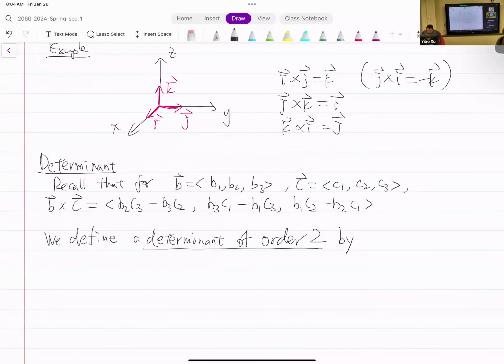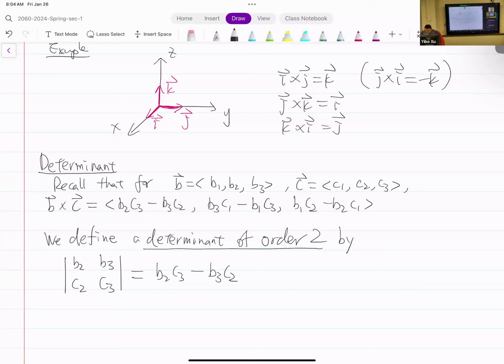So basically, we're just going to define this value to be an order 2 determinant. So it's B2, B3 on the first row, two numbers, C2, C3 on the second row. And then what we do is we calculate it by B2, C3 minus B3, C2.